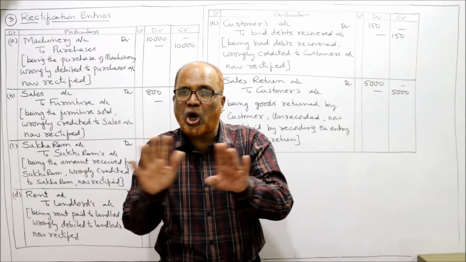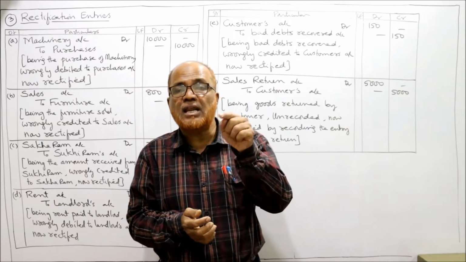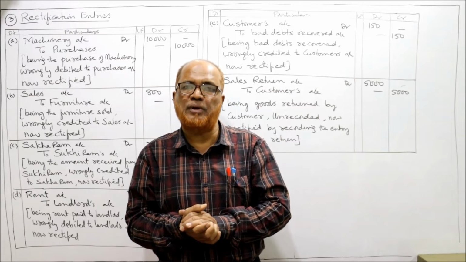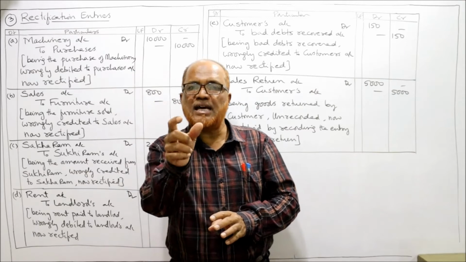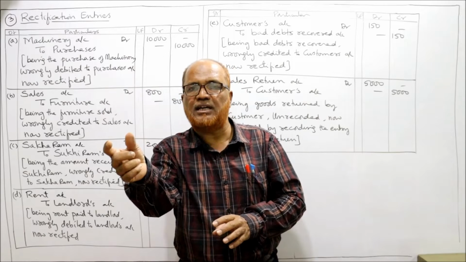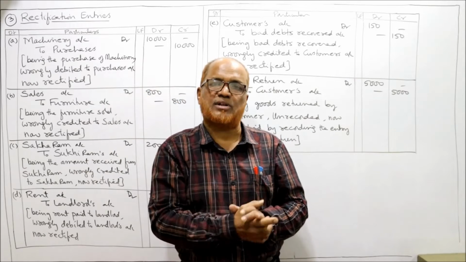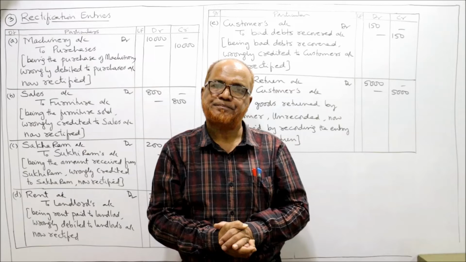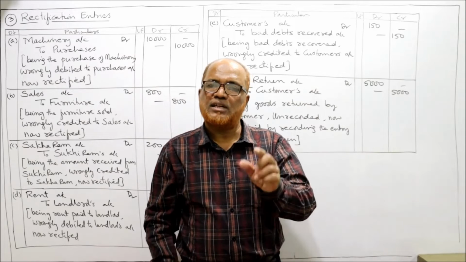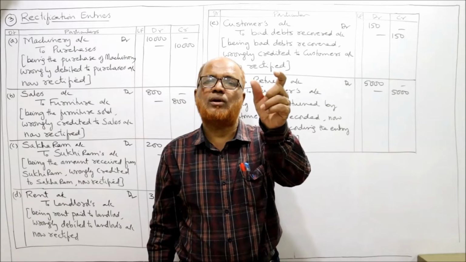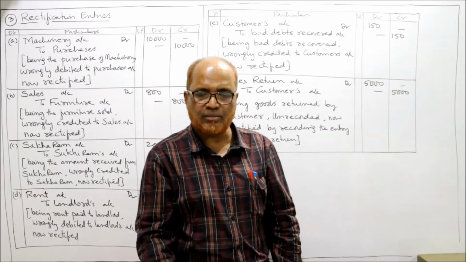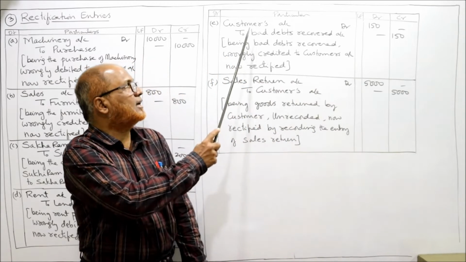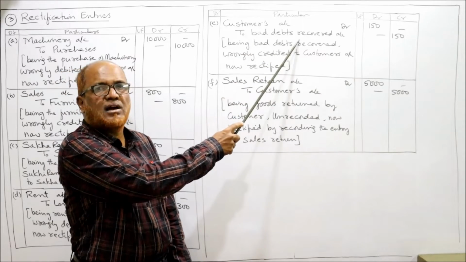Customer account should not be credited. Bad debts recovered should be credited. Now by mistake customer's account is credited, so now we debit customer's account. The rectifying entry will be customer's account debit to bad debts recovered account.